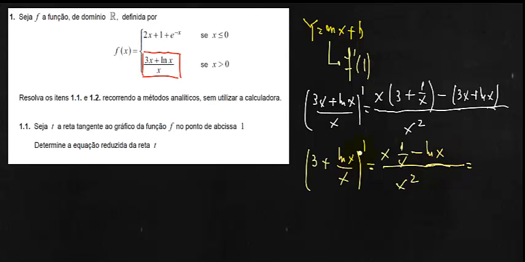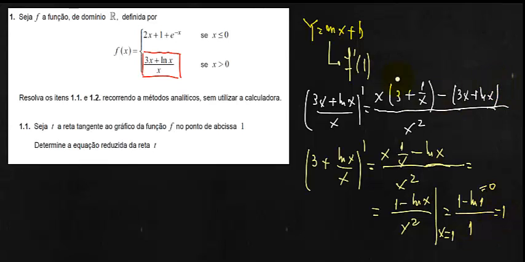So I will get x over x, which is 1, okay, it is 1 minus logarithm of x over x squared. And I'm going to evaluate this expression at the point x equals 1. It will be 1 minus logarithm of 1, which is 0, over 1 squared, which is 1. So I will get 1.